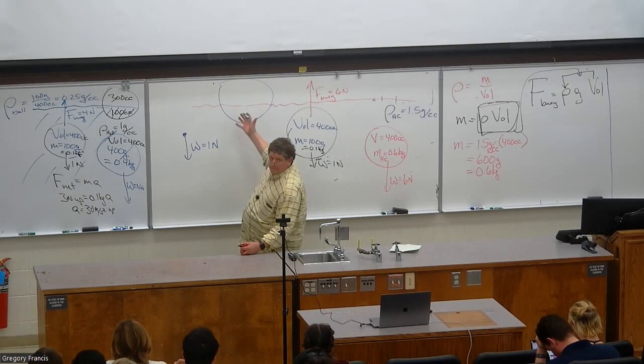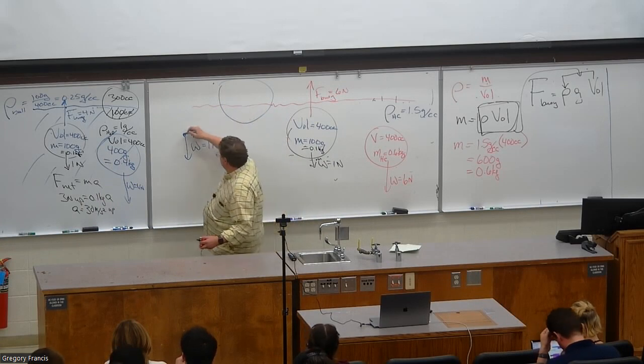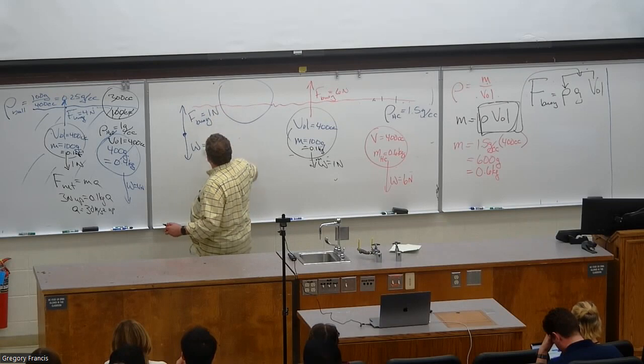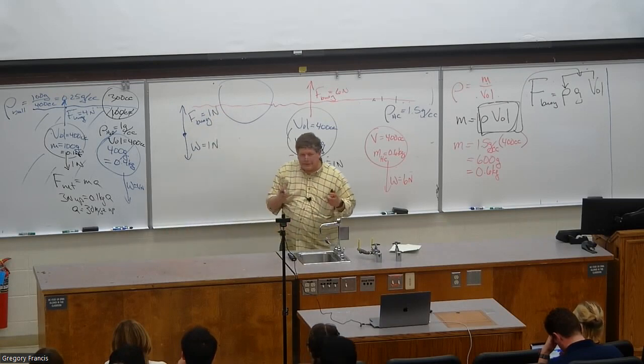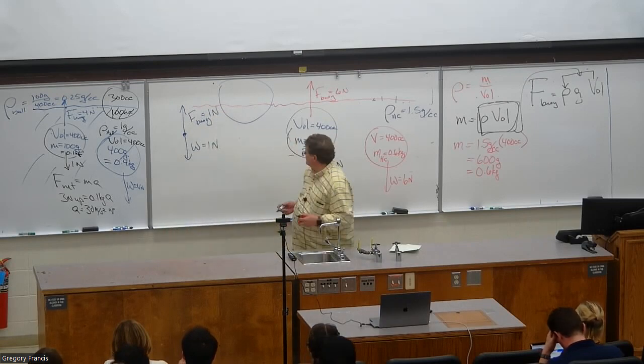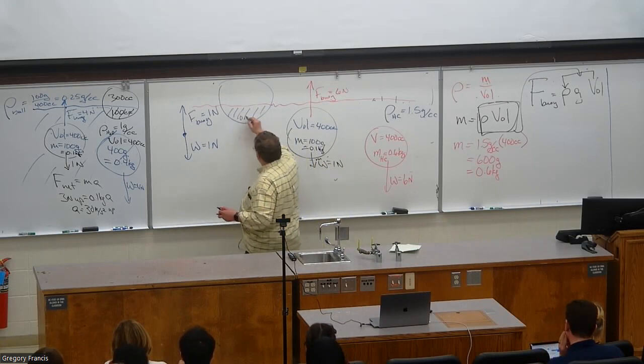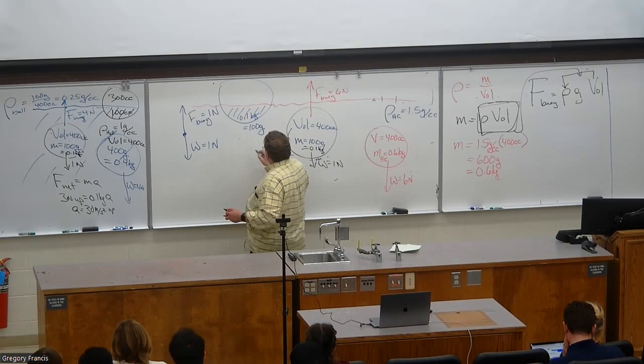Because it's only got 2 forces on it and it has 0 acceleration, that means that the buoyant force must be 1 Newton. So that means what we're displacing here is 0.1 kilograms or 100 grams of heavy cream.